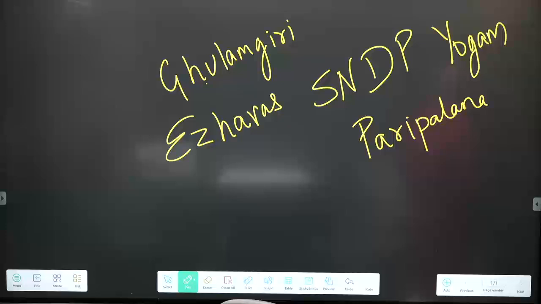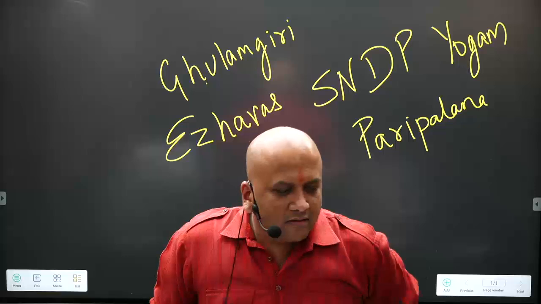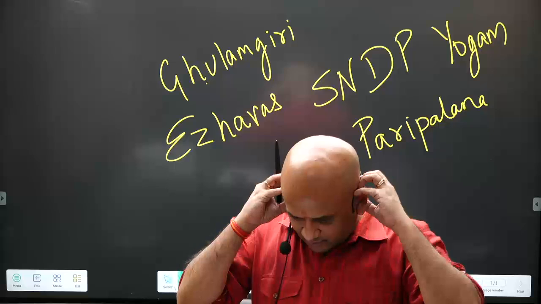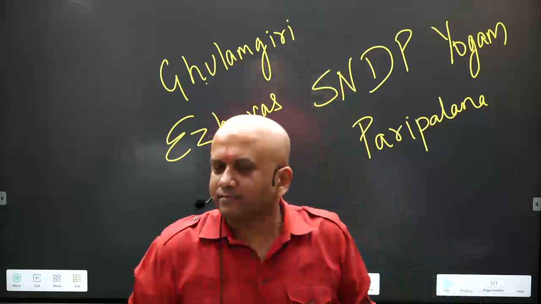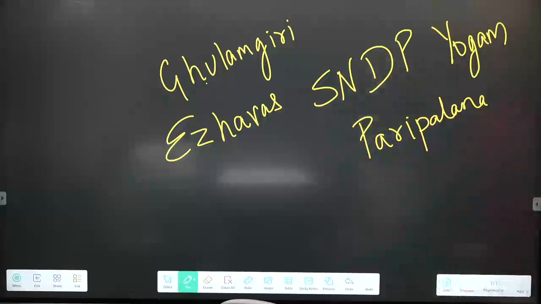So he suggested that Ezhavas should improve their social condition through self-help. मतलब कि instead of relying upon the higher castes to improve their lot, they should do so through self-help.